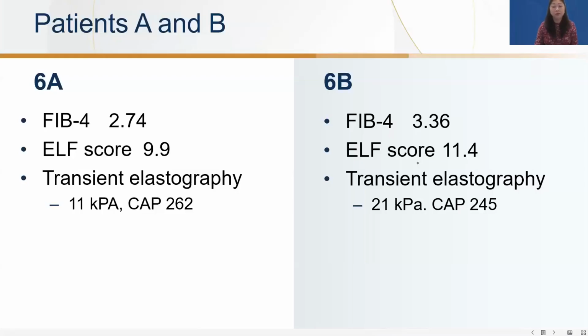While for patient 6B, the FIB-4 is 3.36, ELF score is 11.4, and his transient elastography is showing 21 kilopascal, all pointing to cirrhosis of the liver. So therefore, your management for this patient shifts to cirrhosis management and lifelong HCC surveillance.